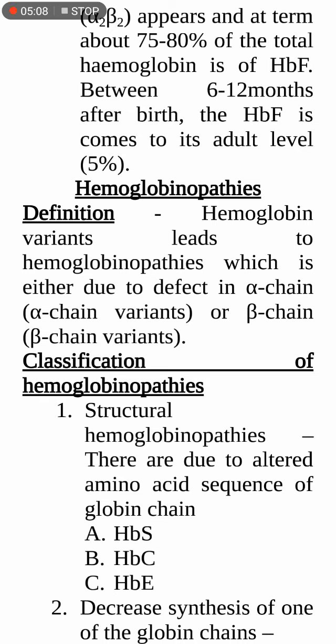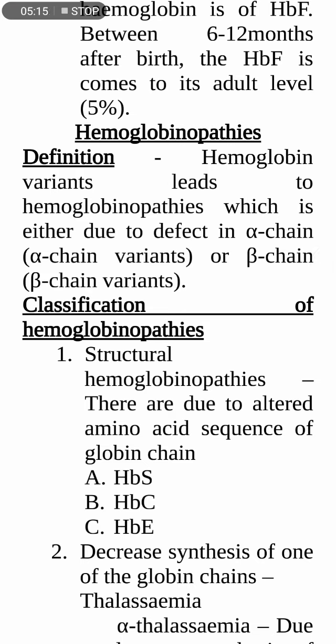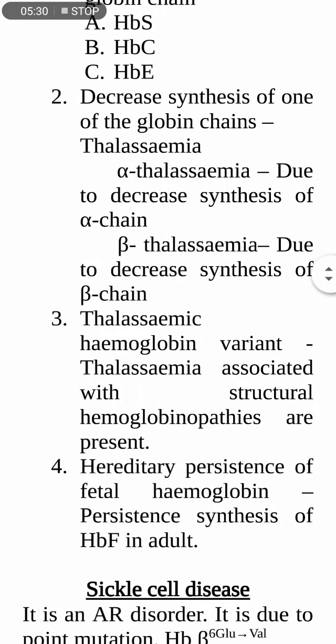Hemoglobinopathy is either structural, for example hemoglobin S, C, E, or due to decreased synthesis of one of the globin chains, for example thalassemia or thalassemic hemoglobin variant, and lastly it may be hereditary persistence of fetal hemoglobin.